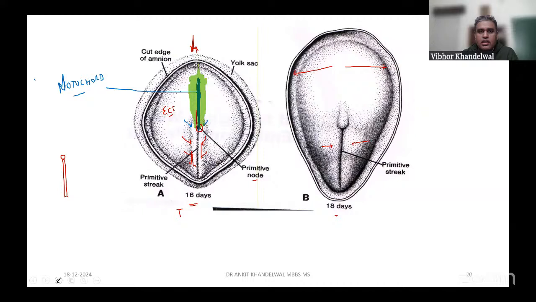Let me write over here that this part becomes neuroectoderm, and the remaining ectoderm becomes surface ectoderm. Now this neuroectoderm is going to fold, and that folding of the neuroectoderm is known as neurulation. Understand this.